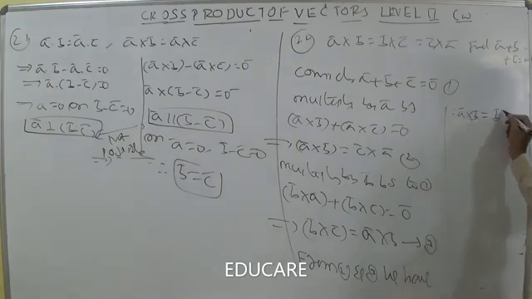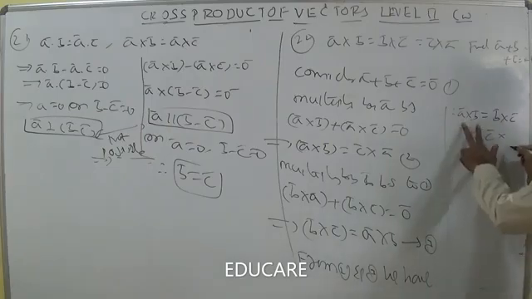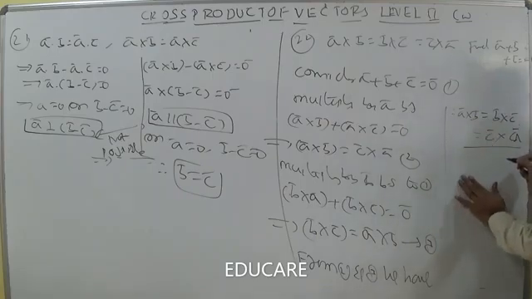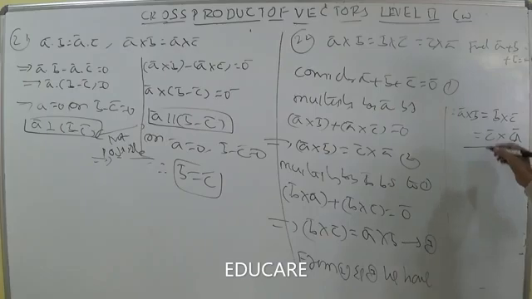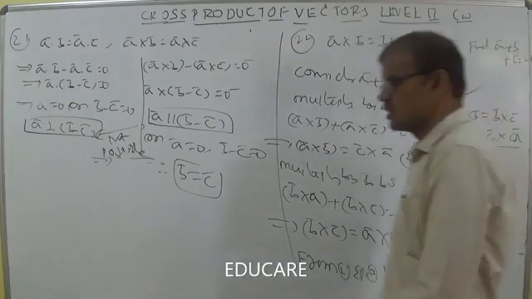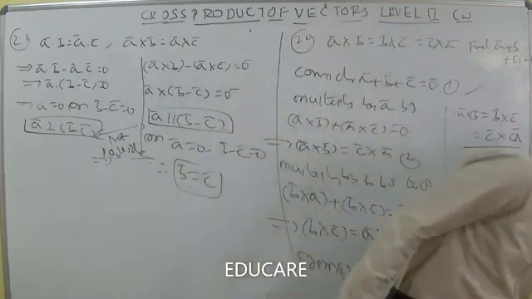We can say that A bar cross B is equal to B bar cross C is equal to C bar cross A. We got this value only when we considered it a null vector. Then the answer is A bar plus B bar plus C bar is 0 bar, the null vector.